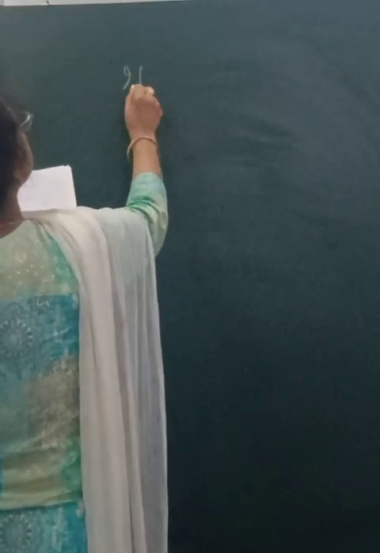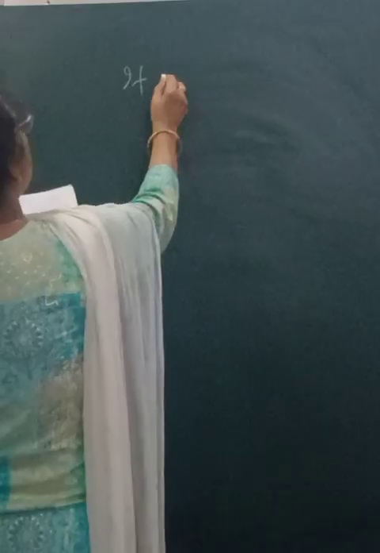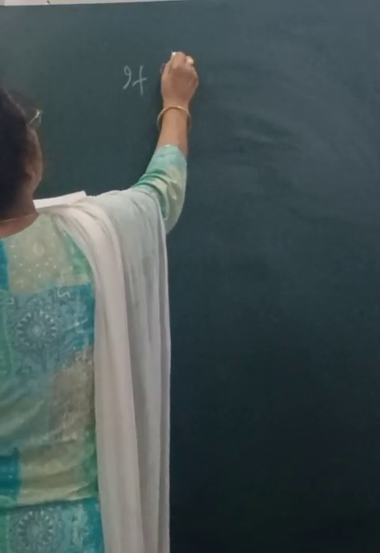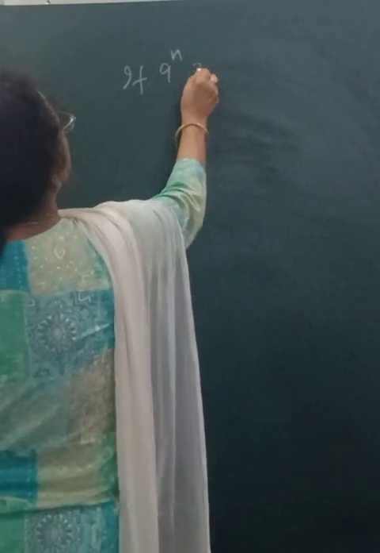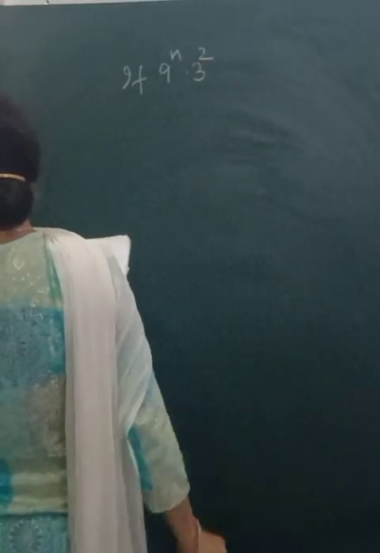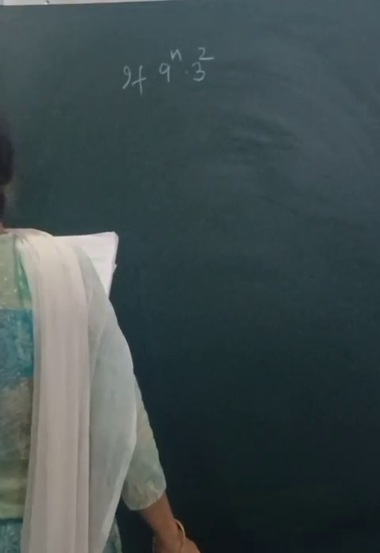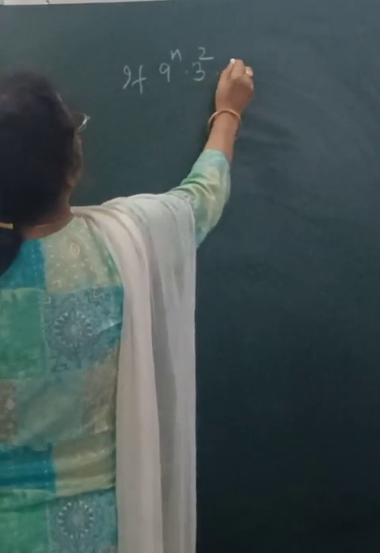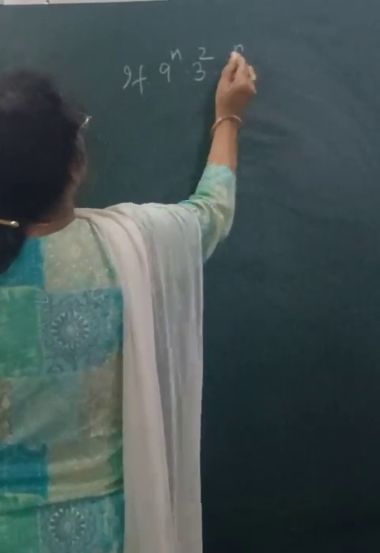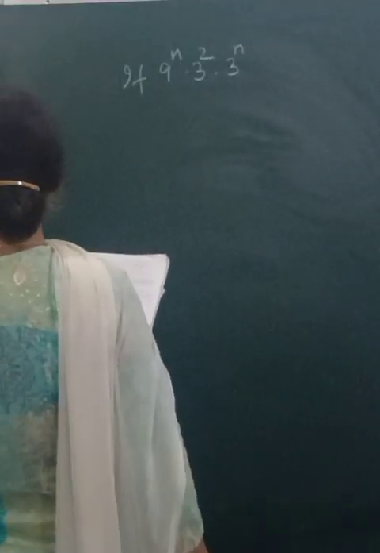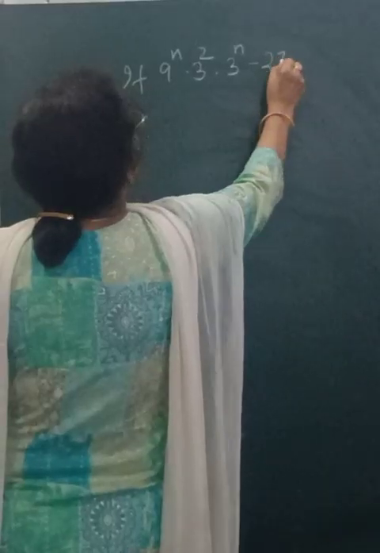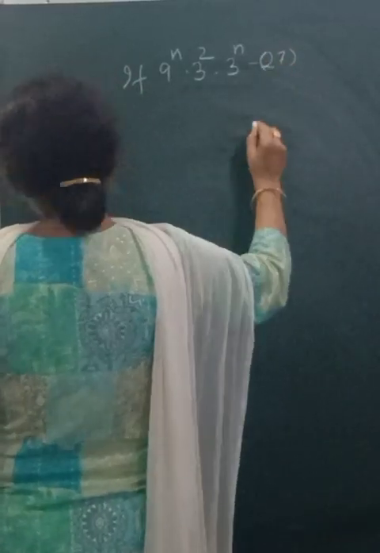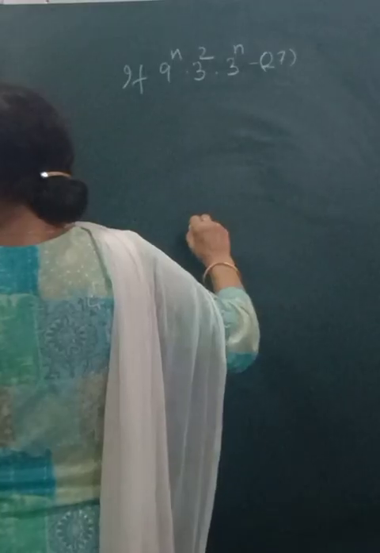If 9 to the power n into 3 to the power 2 into 3 to the power n minus 27 to the power n.